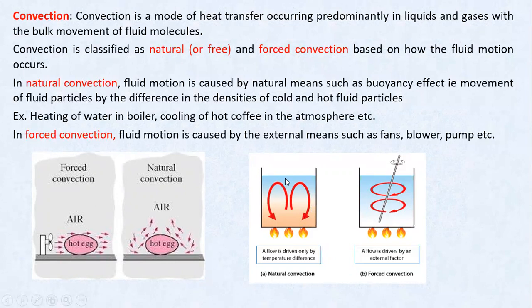From there, they push the cold particles downwards. Again, those particles gain energy and move up. In this way, the circulation of the fluid particles takes place due to temperature difference in natural convection.